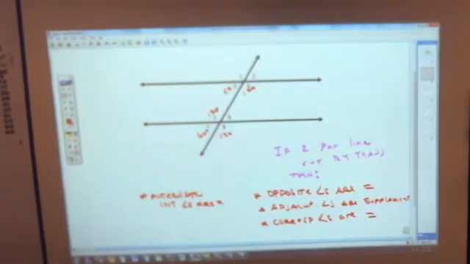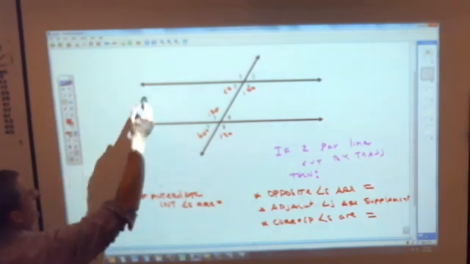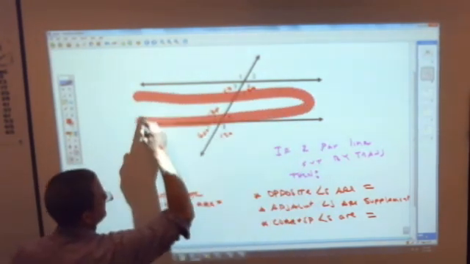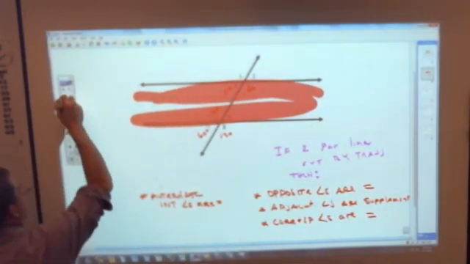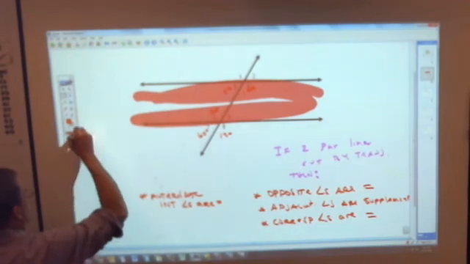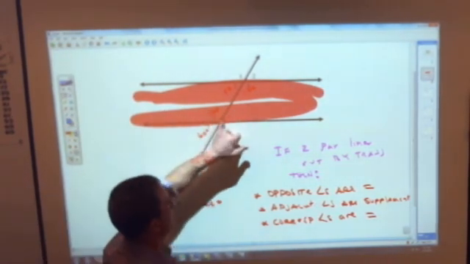If you think about what the word alternate means, if you alternate between two things, it means you kind of flip-flop. Well, we already talked about this as being interior. Alternate interior angles: first of all, we only have 4 interior angles, 3, 4, 5, and 6.